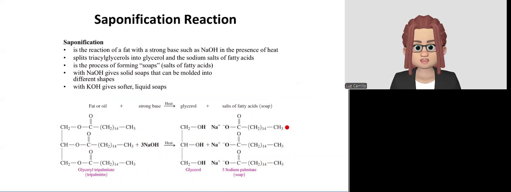This carboxylate ion is a structure that we better know as soap. So specifically, when you do base hydrolysis of the esters present in triacylglycerols, this is known as saponification, and it results in the formation of soap.